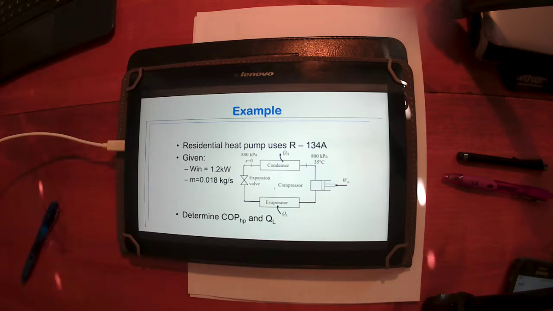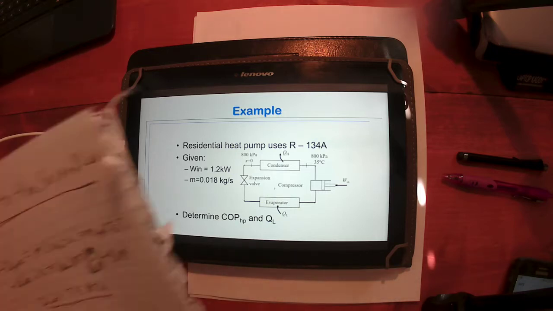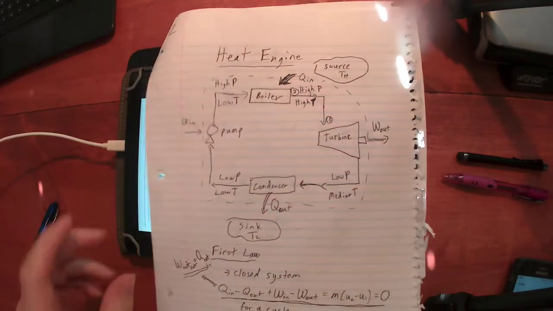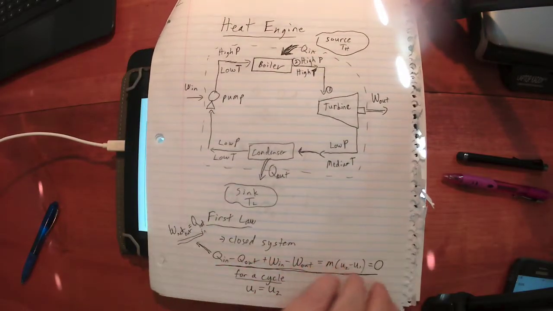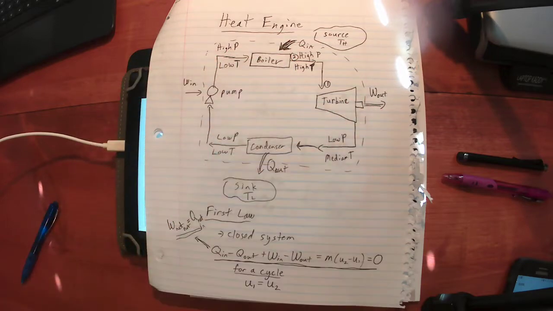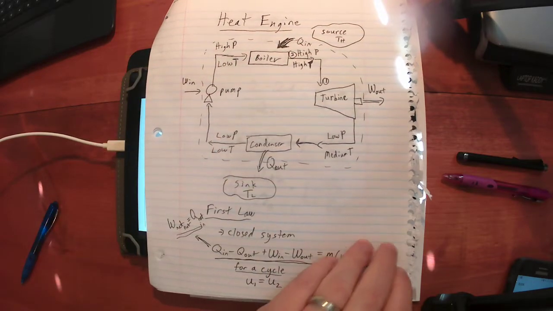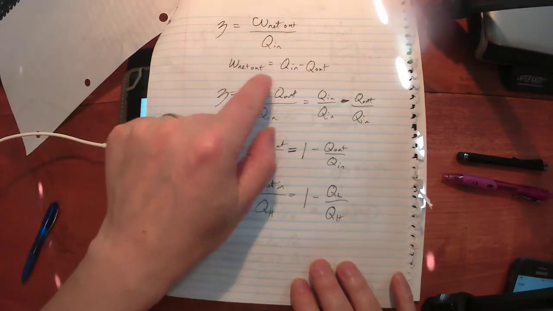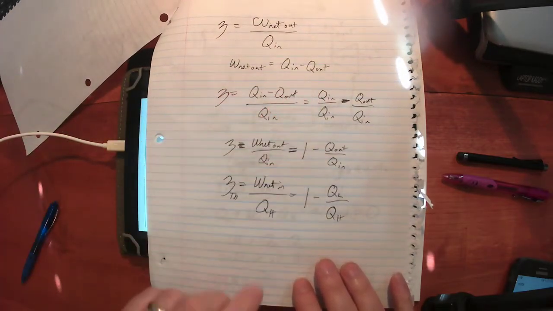And if you remember, last time we introduced the concept of heat engines. So we said a heat engine is a device that takes heat in, puts a little bit of work out, and rejects the remaining heat. If you look at the first law for that, the net work out is equal to the difference between the heat in and the heat out.